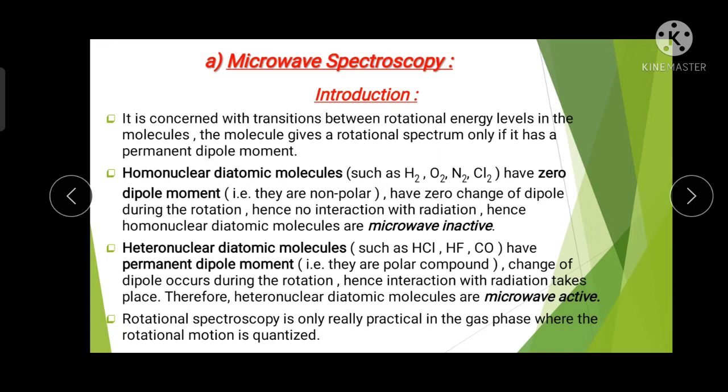Rotational spectroscopy is only really practical in the gas phase, because in a gas phase the intermolecular distance is very large, and due to that the molecules can easily rotate, so the rotational motion gets easily quantized. But in the case of solids and liquids, we have to quench that motion.